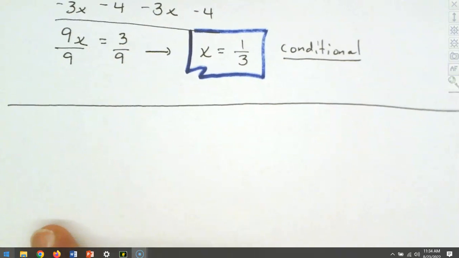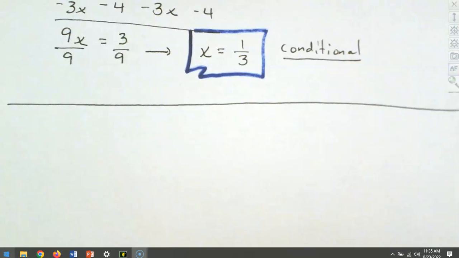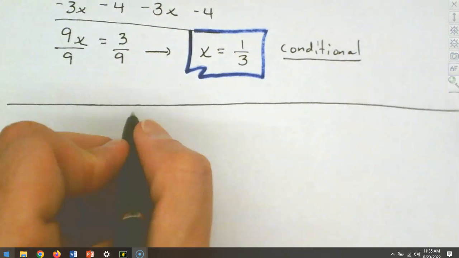Next, we're going to focus on, and we're going to have to do several of these, we're going to focus on fractions. Now, when we have fractions in an equation, the easiest way to work with them is to clear them out. So that's what we're going to do first. Whenever we have a fraction, we clear them out by using the least common denominator.